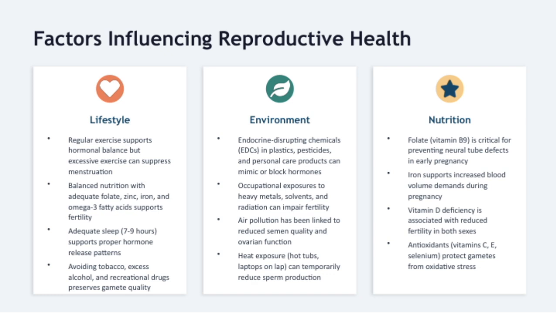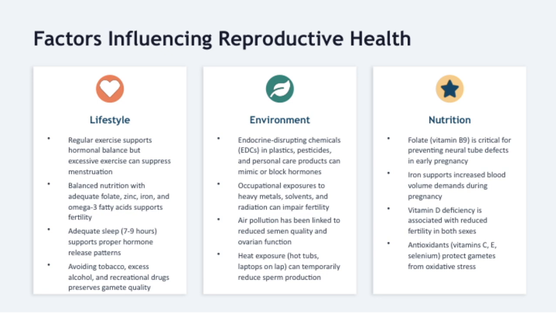Air pollution has been associated with poorer semen quality and ovarian function, which is concerning. Even heat exposure from activities like hot tubs or keeping laptops on your lap can temporarily reduce sperm production, so it's something to be mindful of. In terms of lifestyle, regular exercise supports hormonal balance, but overdoing it can have the opposite effect, like suppressing menstruation.